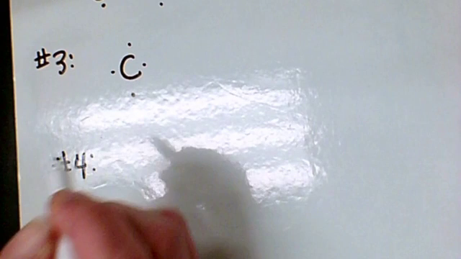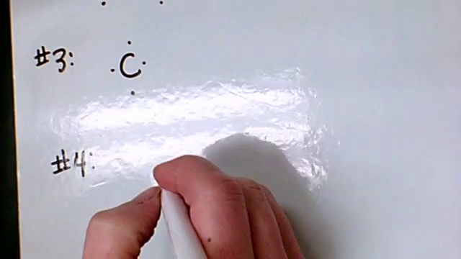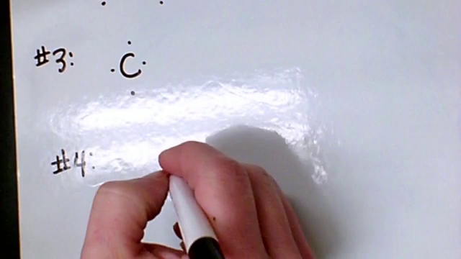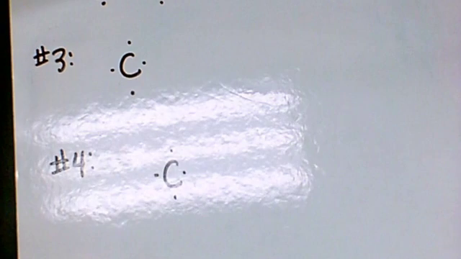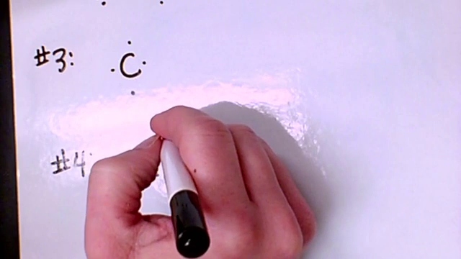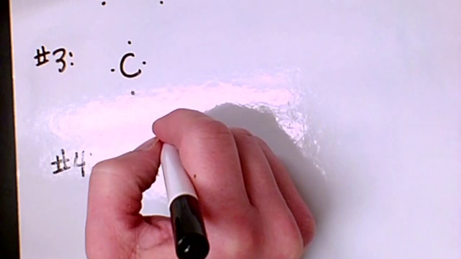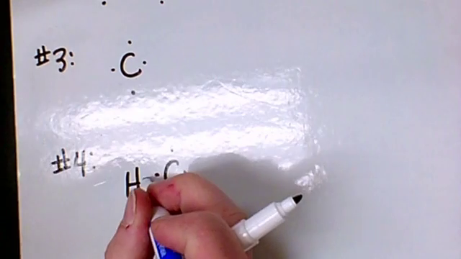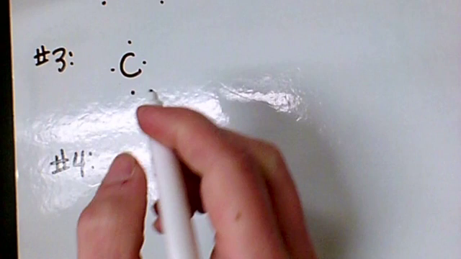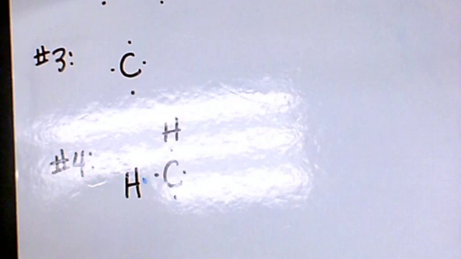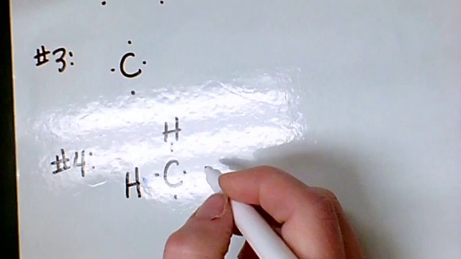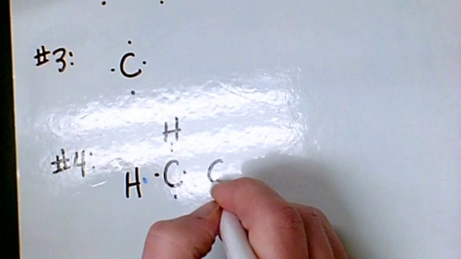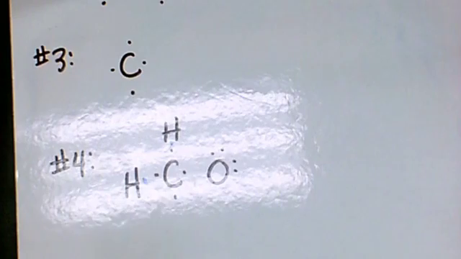Step 4 is to take that carbon atom and put the remaining atoms around that center atom. So we have a hydrogen that we'll put over here, a hydrogen up here with its 1 valence electron, and oxygen over here.